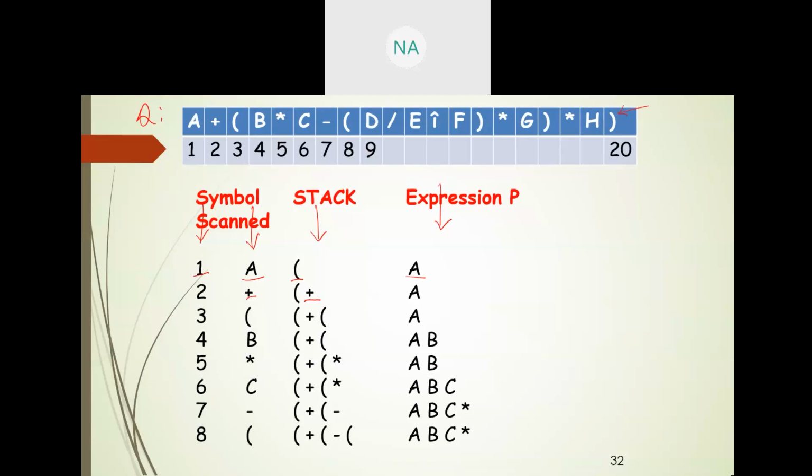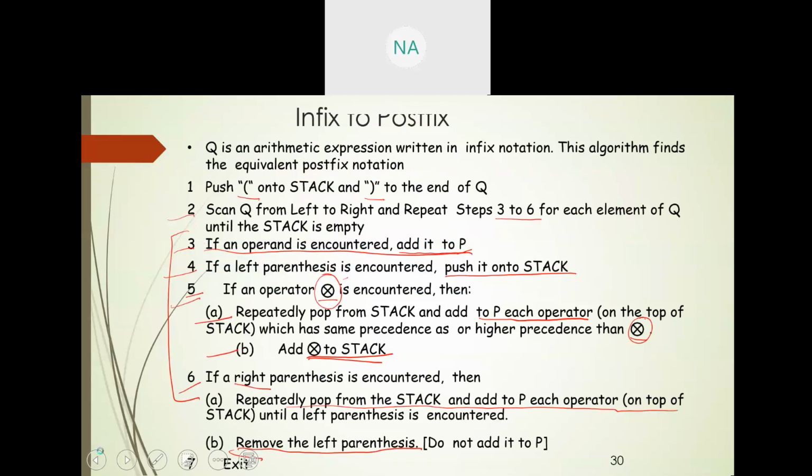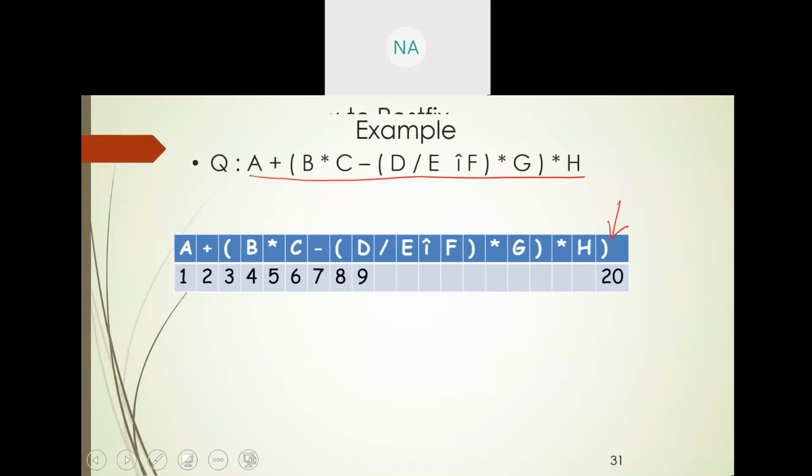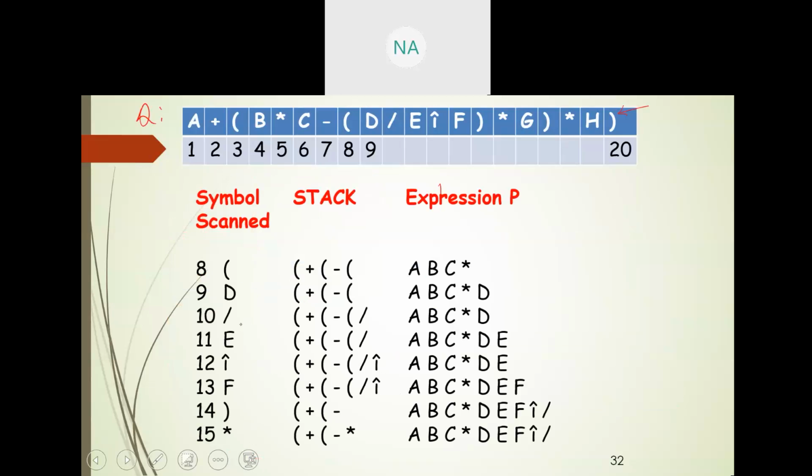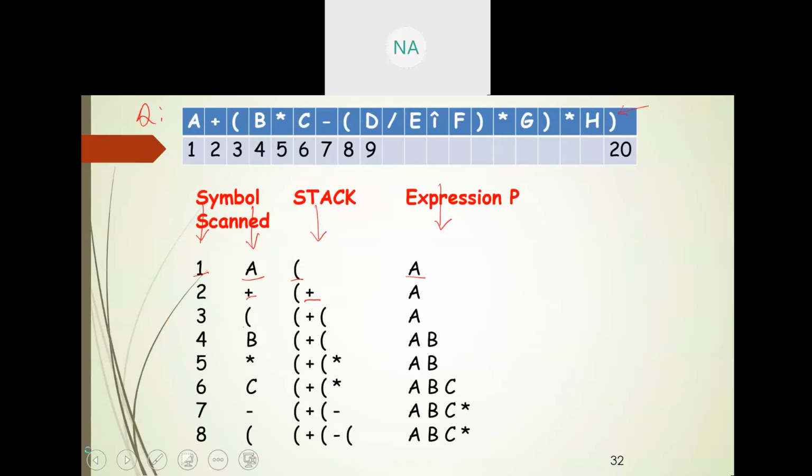Now this is the stack position. The next element is a left parenthesis. If a left parenthesis is encountered, then we push it onto the stack. The next element is B. When an operand is encountered, it is added to the expression P. The next element is multiply.